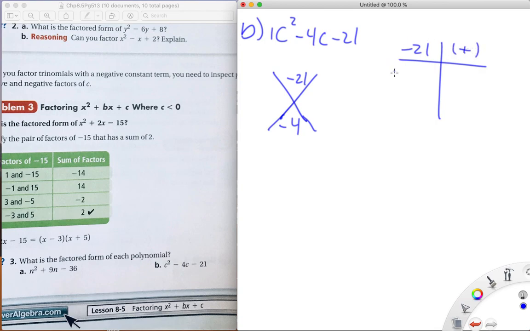So negative 1, let's do this route. 1 times negative 21 gives me negative 20. Or 3 times negative 7, and then when I add up 3 and negative 7 gives me negative 4. So that looks like that works. So it's going to be 3 and negative 7.